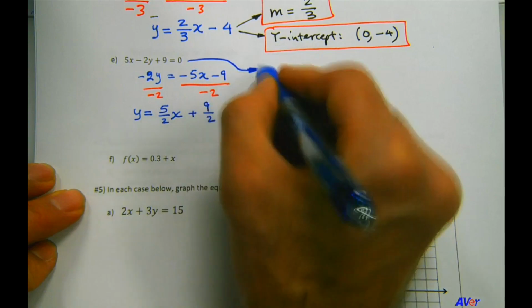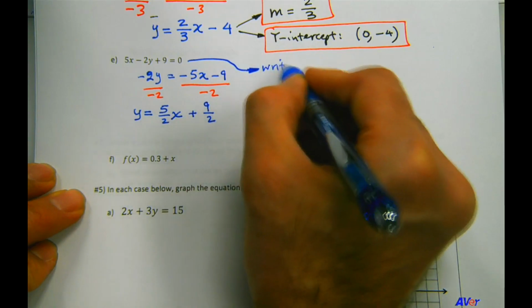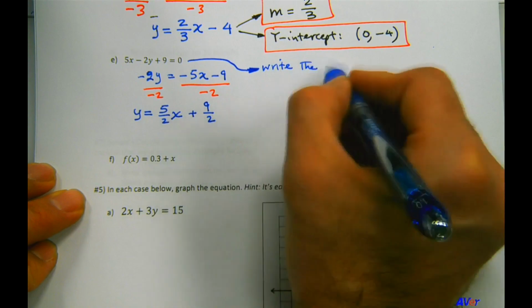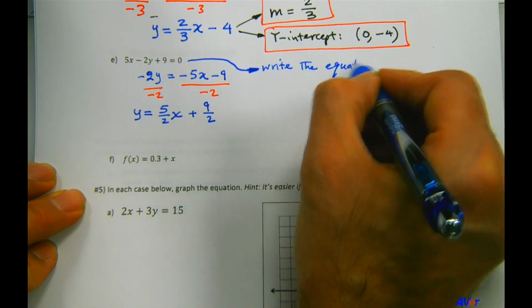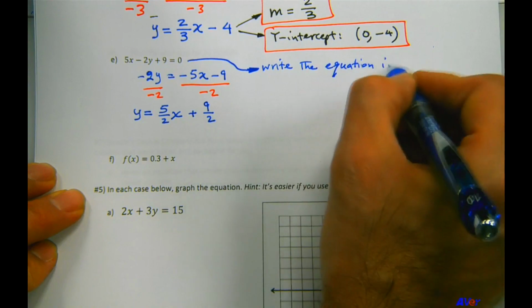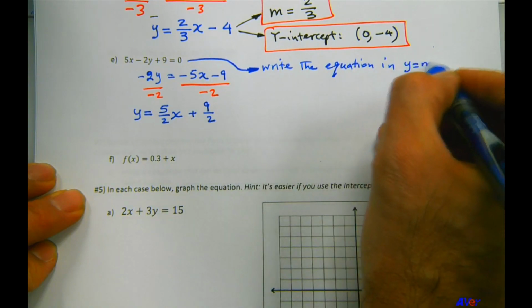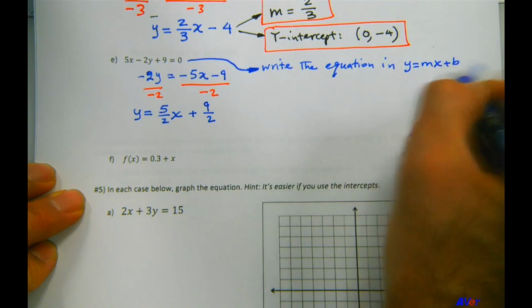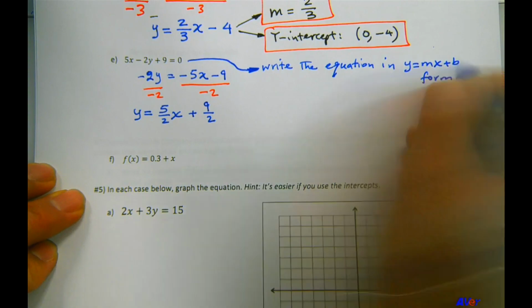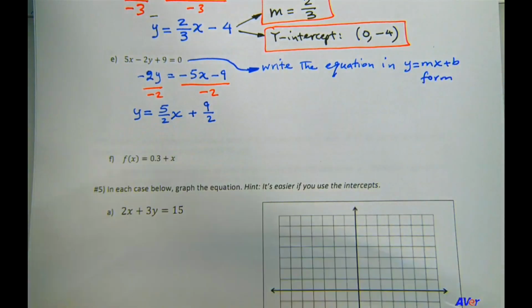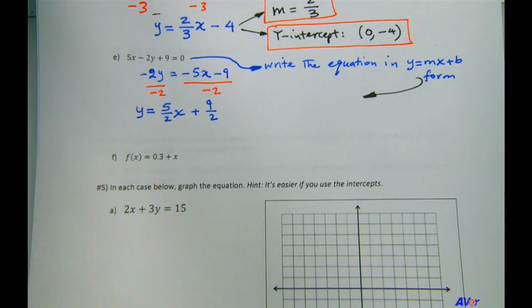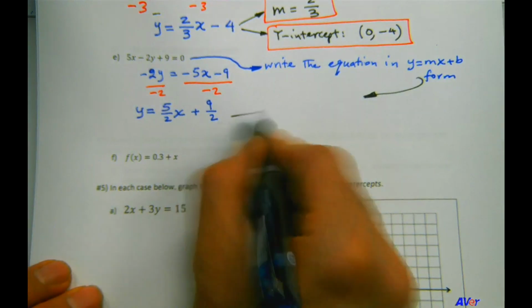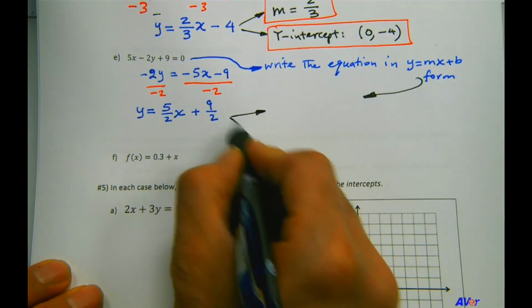So first, write the equation in y equals mx plus b form. Okay, that's what we did here. Now we can easily see what the slope and the y-intercept are.